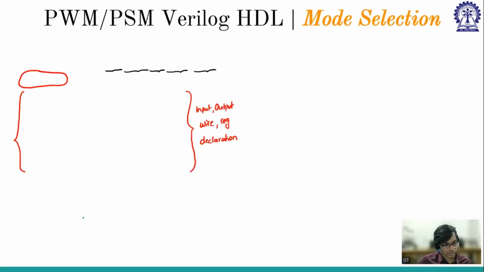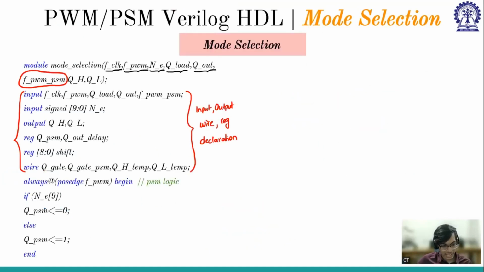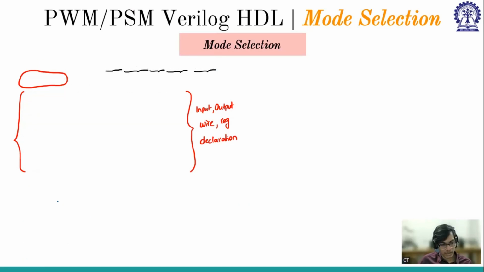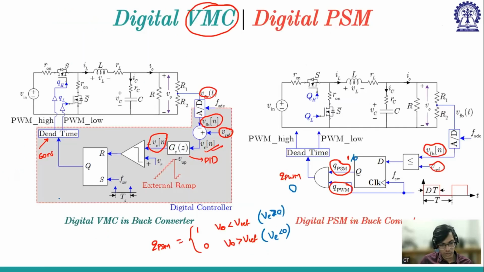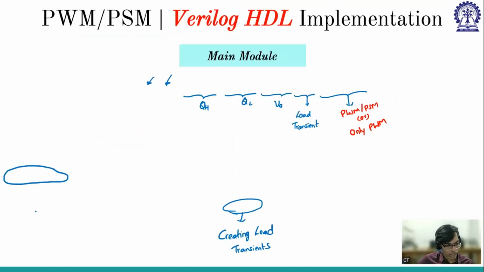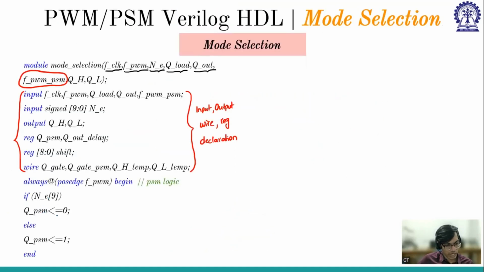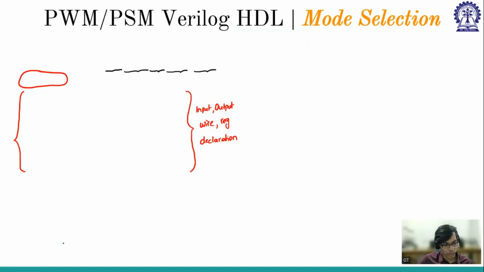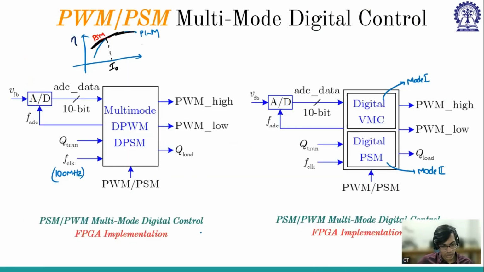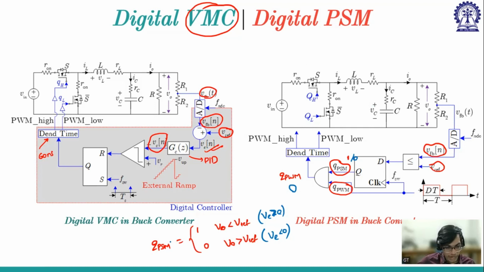Okay. So V naught is less than V reference, which means error voltage is positive, and in the other case, error will be negative. What my PSM logic does is it checks whether the error is positive or negative, because error is V reference minus V naught. If V reference is smaller, error is negative. Accordingly, the PSM logic has been written. It is checking the 9th bit, which is the sign bit. If it is 1, then QPSM is 0. If it is 0, then QPSM is 1. If I write the same thing here, QPSM equals 1 for V error greater than 0, and 0 for V error less than 0.